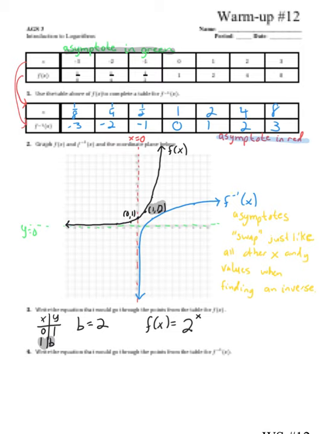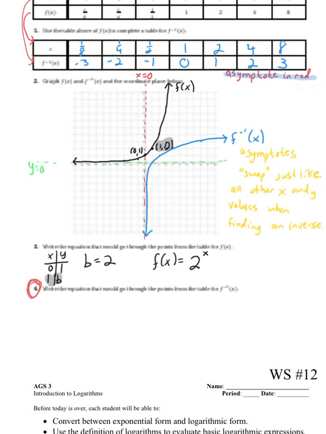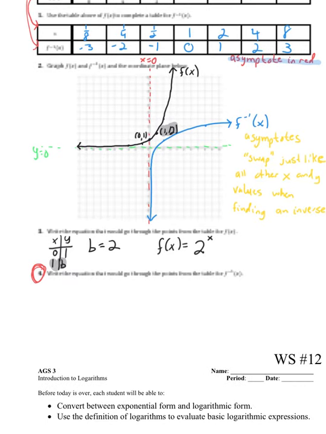And then the last part, number 4, says go ahead and write an equation for the inverse of this, f inverse of x. So when I do that, I can say y equals 2 to the x, and then I swap to find the inverse, x equals 2 to the y power.